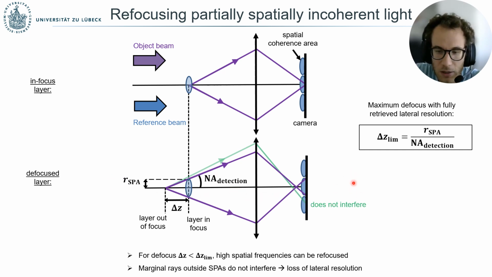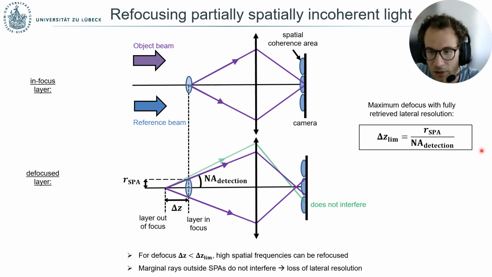And the problem is that when we have a layer that is defocused, what we're going to lose first is the part of the light with the highest detection NA. So we're going to lose the light that carries information about the highest resolution, because a greater angle means higher spatial frequencies.